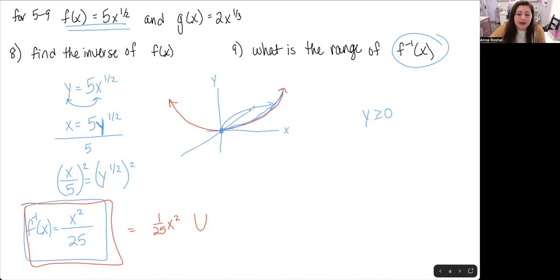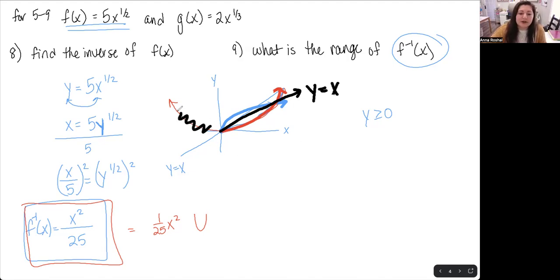Because we're looking at a graph that is kind of a reflection over this y equals x line. So let me see if I can make this a little bit better. If this is my original function here, I know now that I need this function to go here because I have a line that goes like this, the y equals x line.